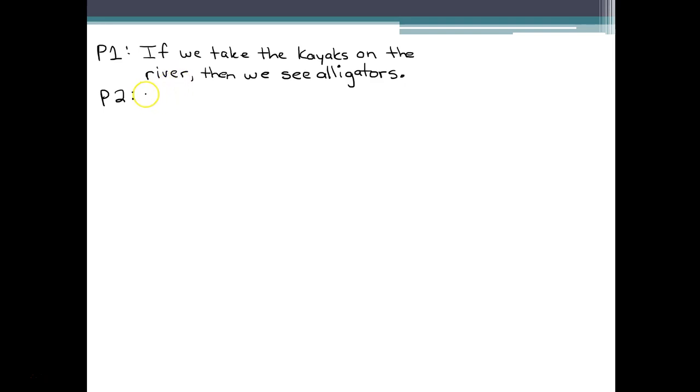Premise 2, we see alligators. And then conclusion, we take the kayaks on the river.